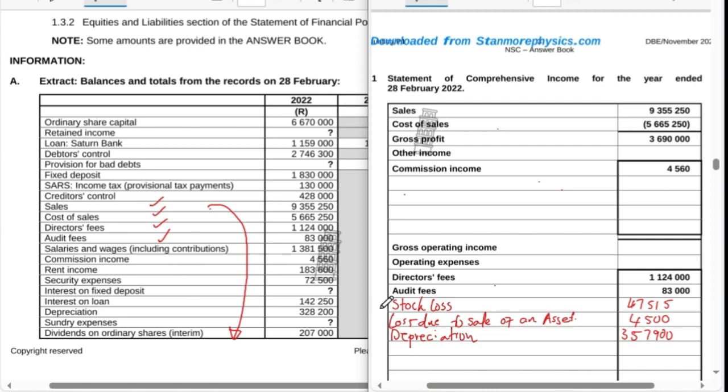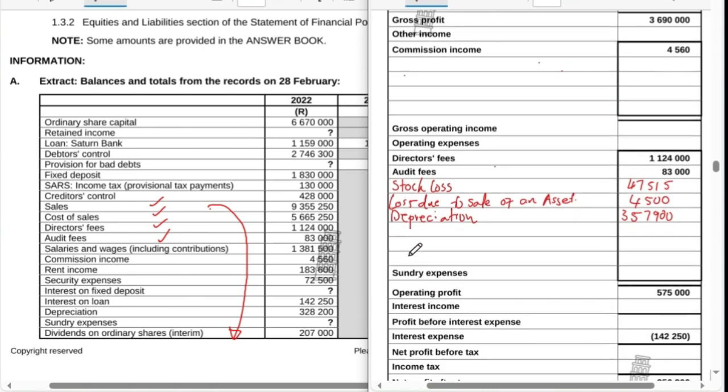salaries and wages, they are not provided. Then let's write them down, and then we are going to have salaries, and then it says including contributions, and then our opening amount will be 1,381,500.